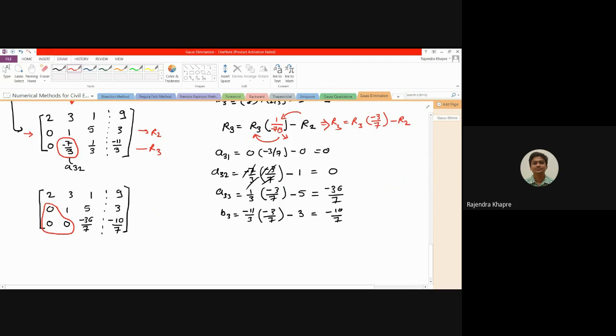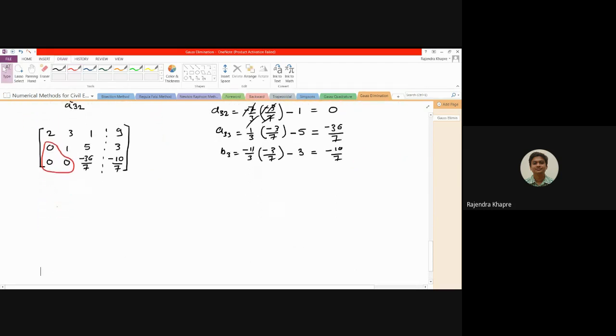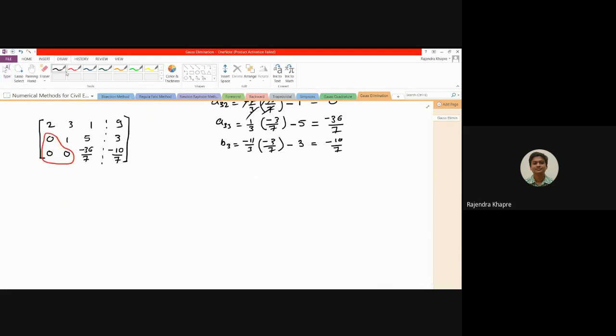So now if you rewrite this matrix in terms of equations one more time, you will end up with 3 equations, okay. This is something like 2x plus 3y plus z equals 9. This will be your equation number 1. The second equation has 0 over here, then you have 1y plus 5 times z equals 3.